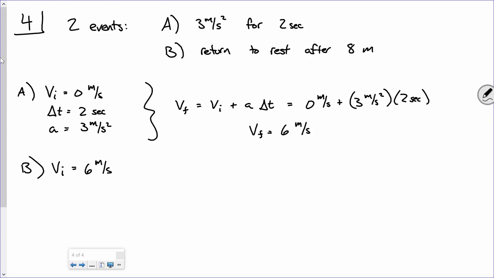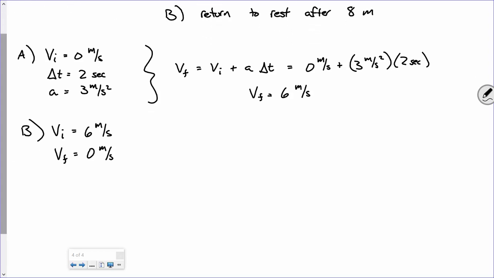Now, what does event B state? I return to rest after a distance of 8 meters. So my final velocity is going to be standing still. What about my change in distance? 8 meters. Make sense?